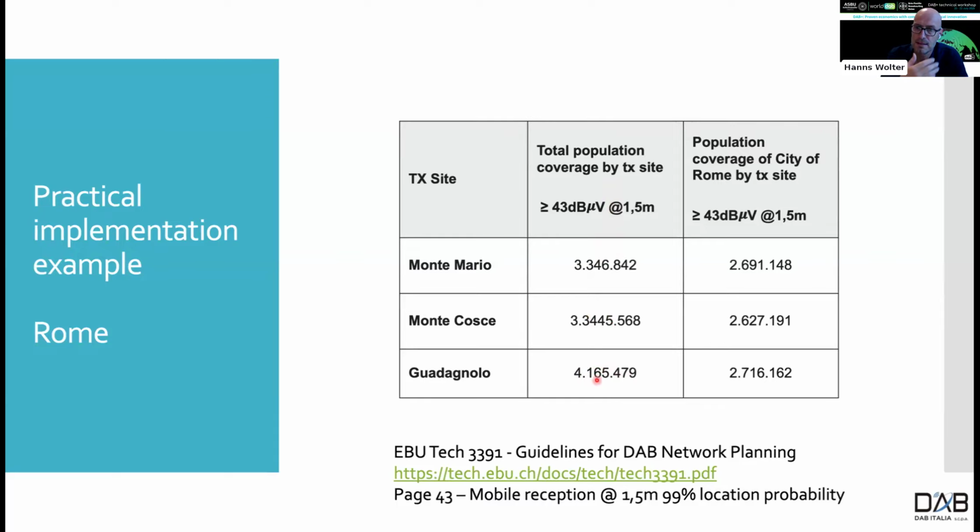So Guadagnolo, which is the biggest transmitter, will cover over 4 million people just by this site. Montecosce 3.3 million and Montemario 3.3 million also.